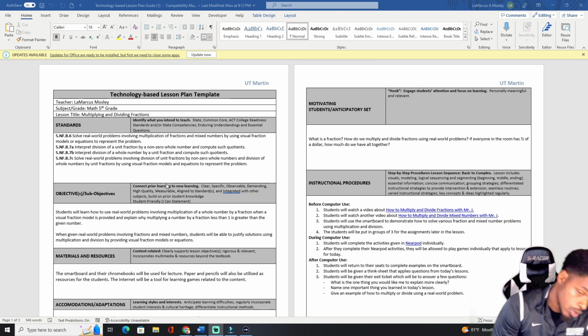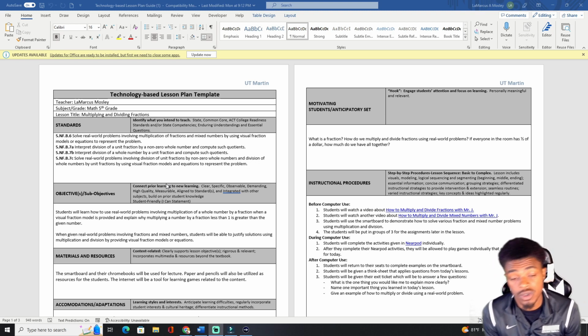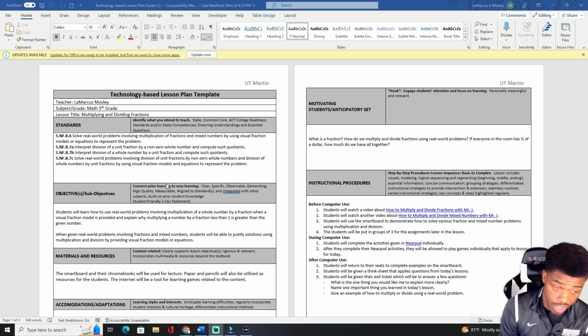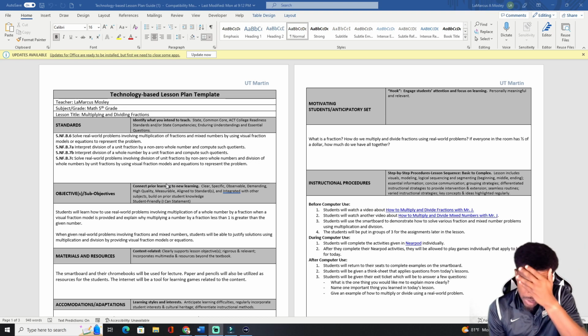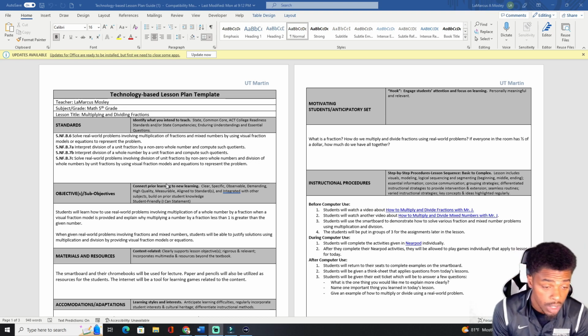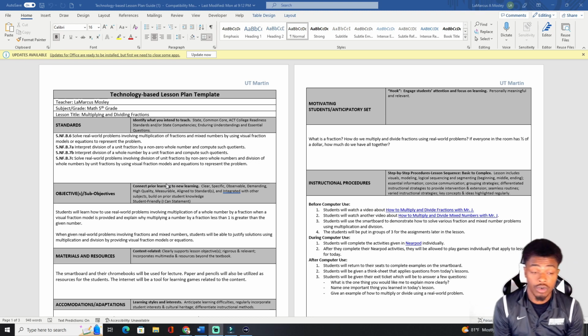Okay, for a majority of today's lesson, we're going to be using the smartboard and your Chromebooks for the lecture. Paper and pencils will also be utilized as scratch paper, and the internet, which we will use for YouTube and learning games and Nearpod in our group work for today.